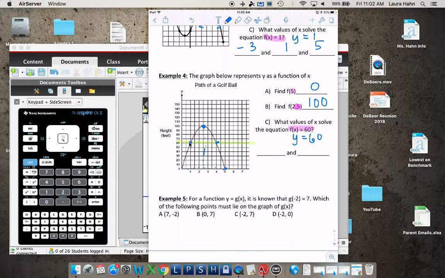So when it's at a height of 60, the x value is 1. It's also at a height of 60 here, and the x value is 4. So when x is 1, it's at a height of 60. Also, when x is 4, it's at a height of 60.